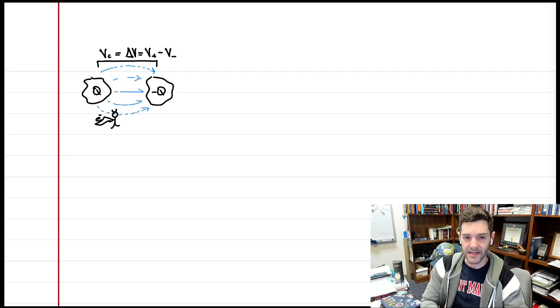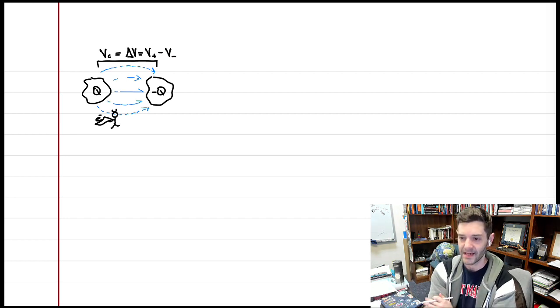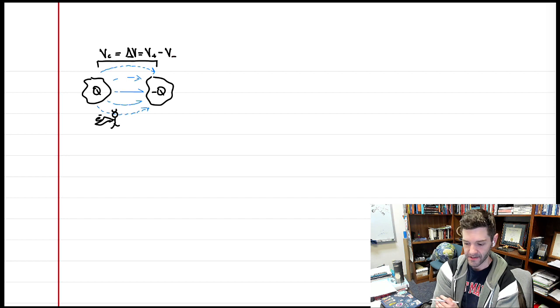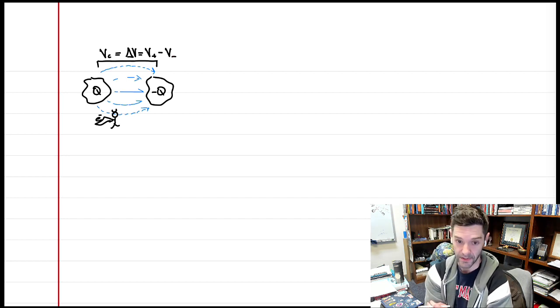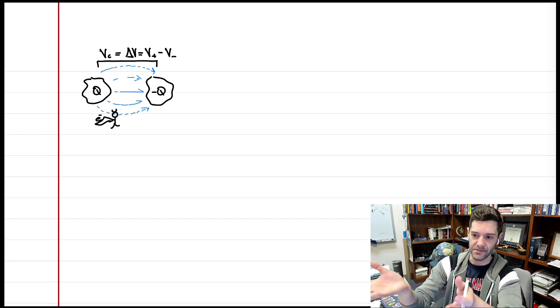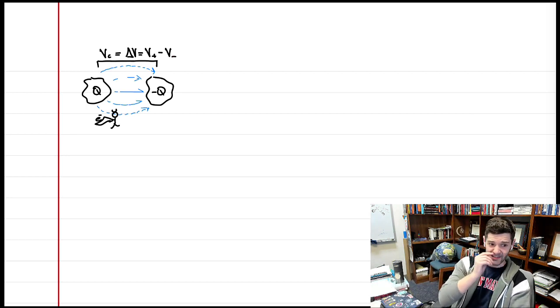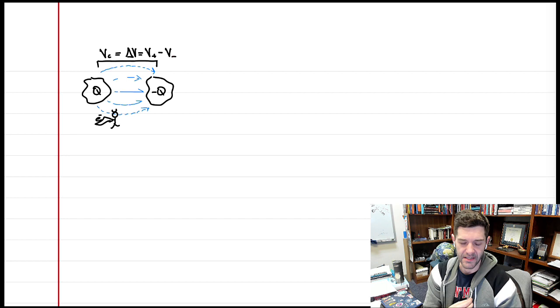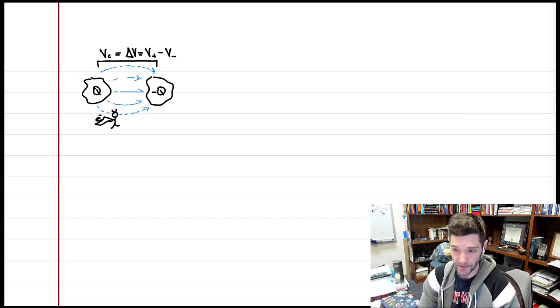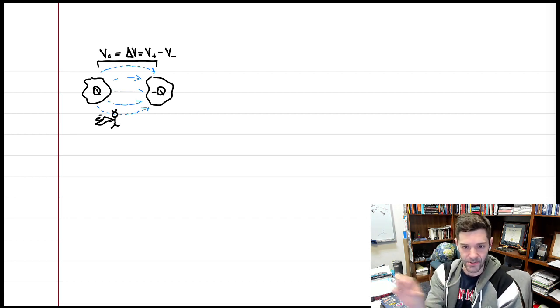So the demon is doing work. It has to exert some effort. It doesn't just get to do this for free, like carrying a ball up a hill. You have to do work to carry that ball up the hill, versus you don't have to do anything to let the ball go and it rolls down the hill. So the demon is exerting some effort, doing some work, in order to establish this charge excess.